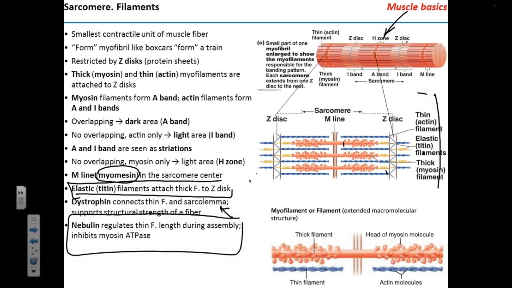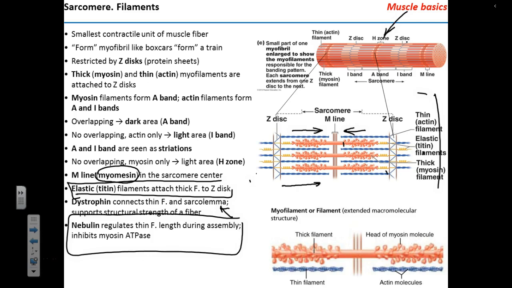When myosin heads, look at my palm, start to bend, actin slides towards the center. Can you imagine this by looking at the picture? Okay, actin slides towards the center.